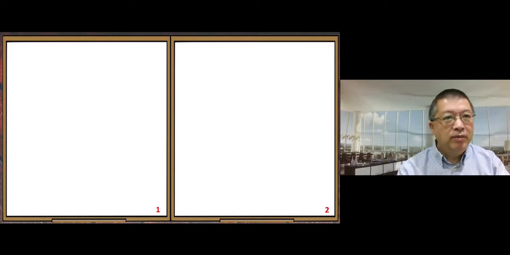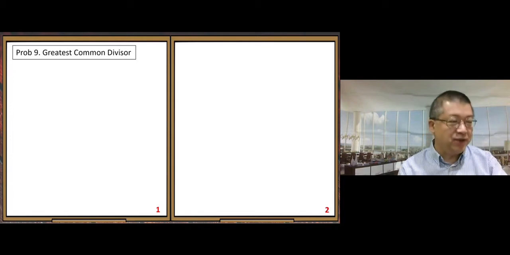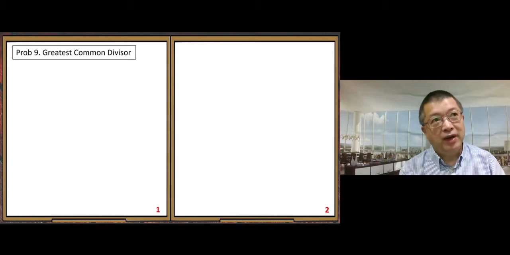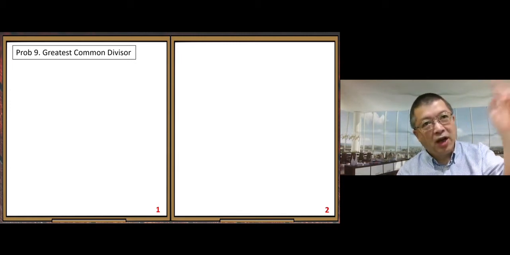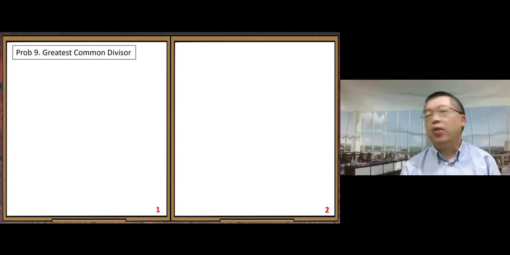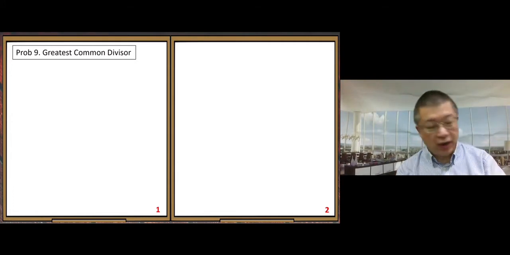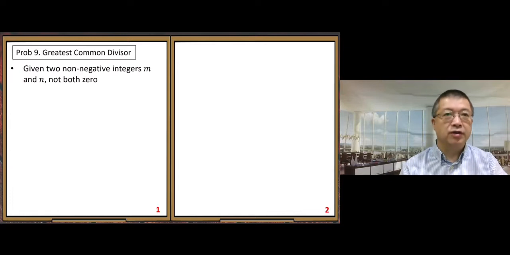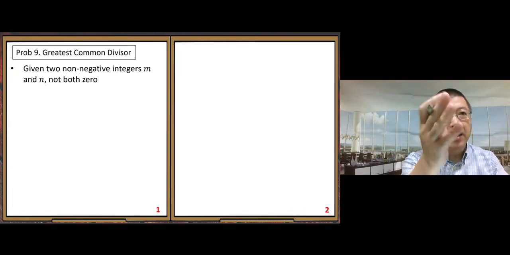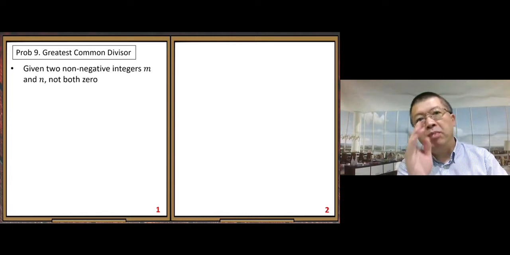Our problem number 9, greatest common divisor. So we're familiar with this concept, right? In middle school and high school you learn this concept and you learn how to find the greatest common divisor of two positive integers. So let's look at the question first. Given two non-negative integers m and n, not both 0.